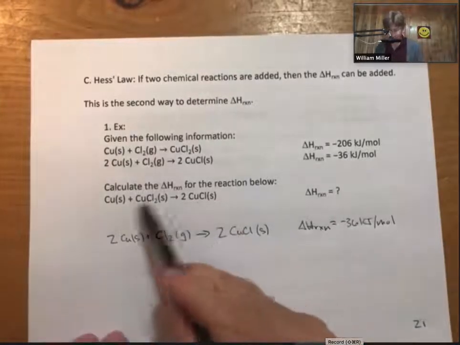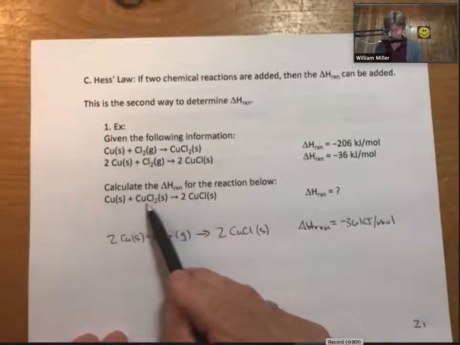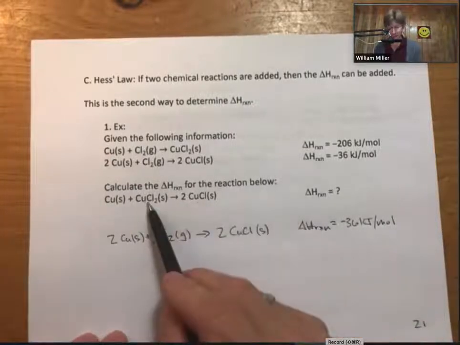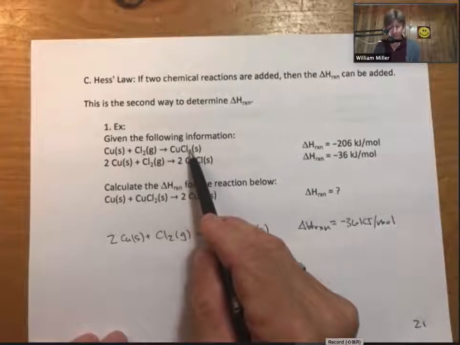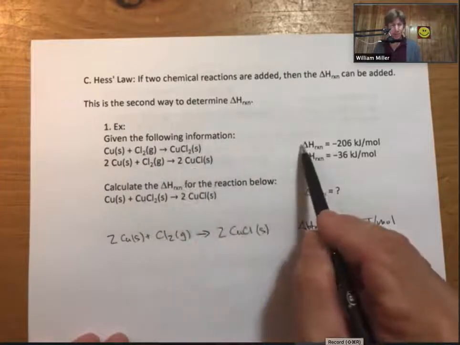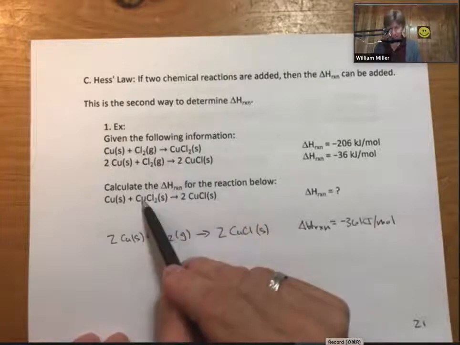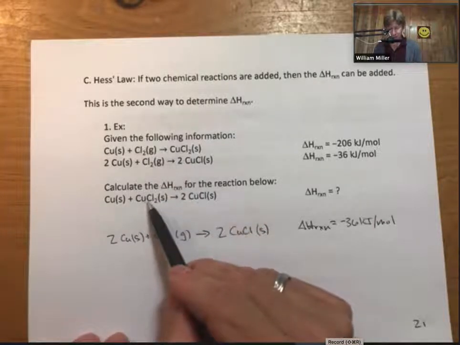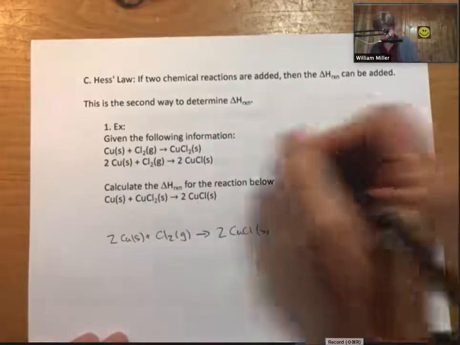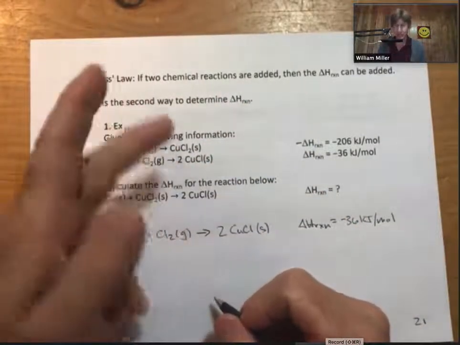Then I can see that I have CuCl2, that is my reactant in the reaction that I'm trying to make and determine its delta H, and it's a product up here. That means that I'm going to have to flip the reactants and products and change the sign of delta H. Let me see, so the coefficients are the same. I'm keying off this because it's only in one of these reactions up here. Okay, so I'm going to put a minus sign there and a minus sign. The minus sign here just means flip reactants and products.